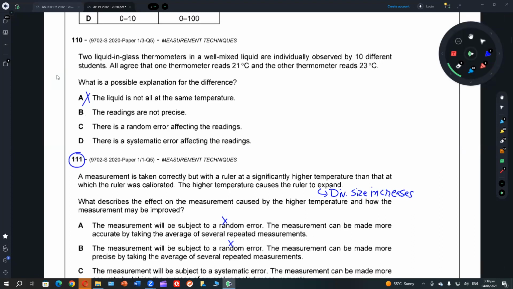Possible explanation why one is 21, one is 23, because there are two different thermometers, right? There is a random error affecting the reading. If it is a random error, it's not necessary that one is 21 and one is 23. Random means an error which fluctuates.